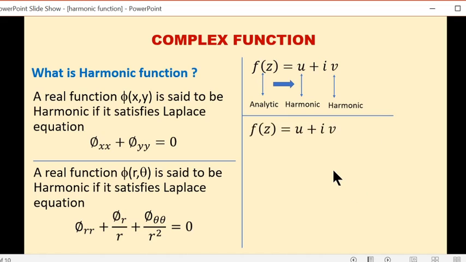Now let's come to concept number 2. Again we have the function f of z equal to u plus iv. Now suppose I tell you that this real part u is not harmonic. If u is not harmonic, what can you say about f of z?